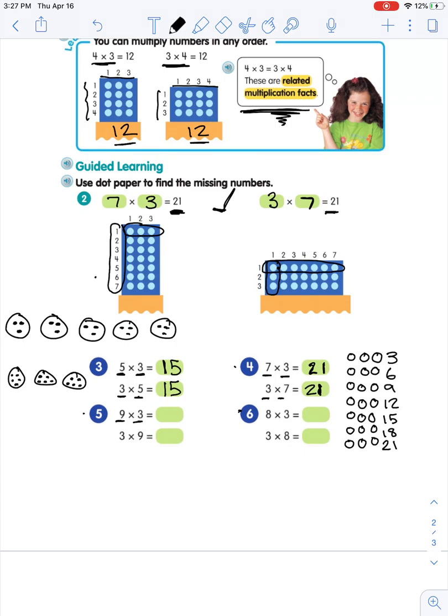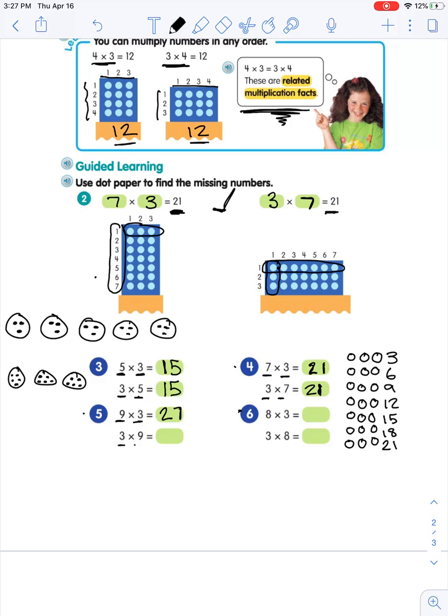All right, number 5, I have 9 groups with 3 in each group, which means I'm skip counting 9 times by 3. So I'm going to do that on my fingers. 3, 6, 9, 12, 15, 18, 21, 24, 27.